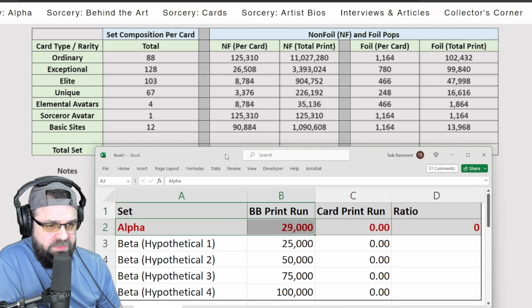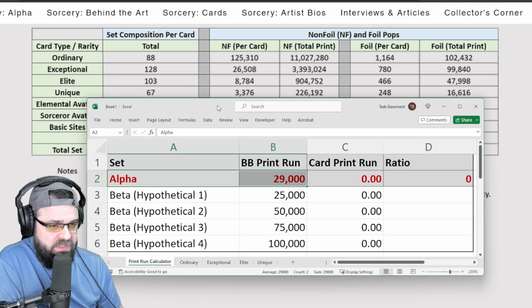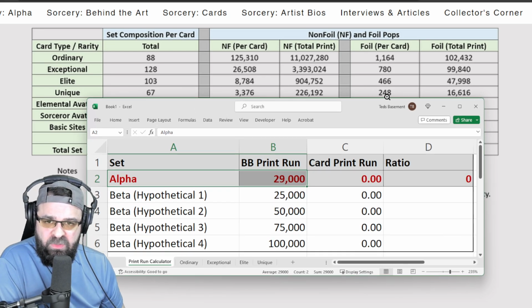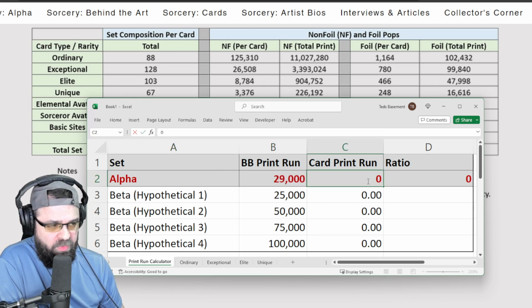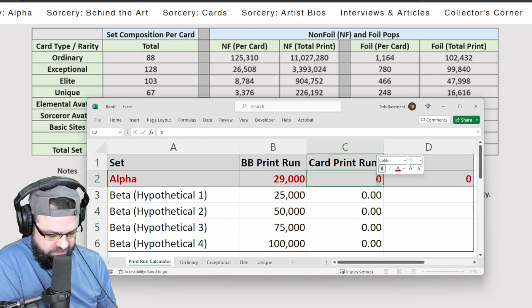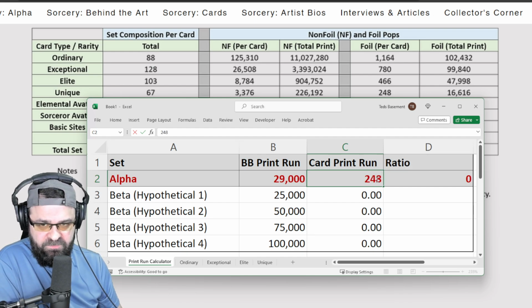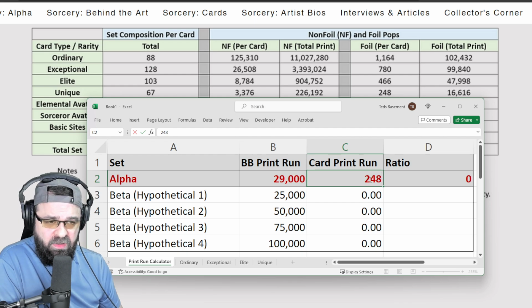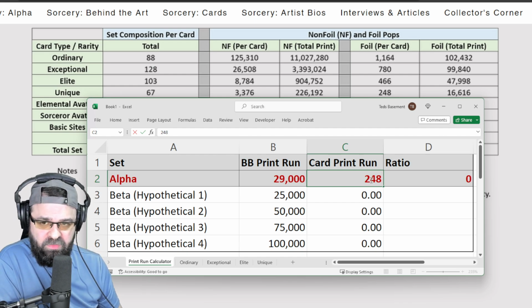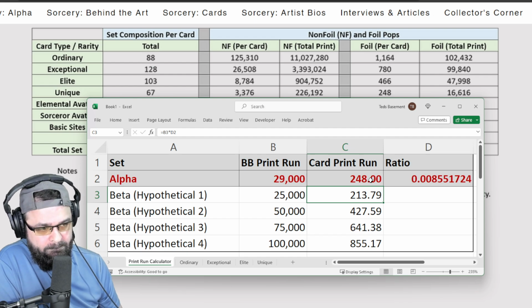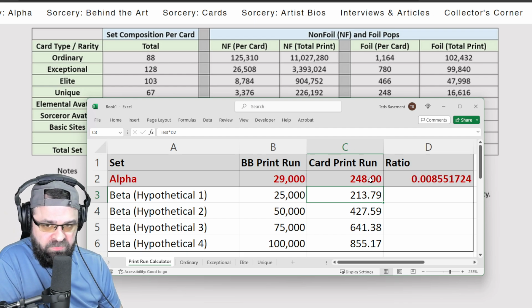Let's first just take a look at the uniques, okay? We're going to type 248 into the card print run number here in my calculator. And what it's going to do is figure out the ratio of foil cards to booster boxes.